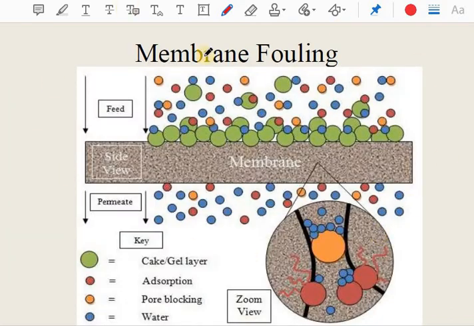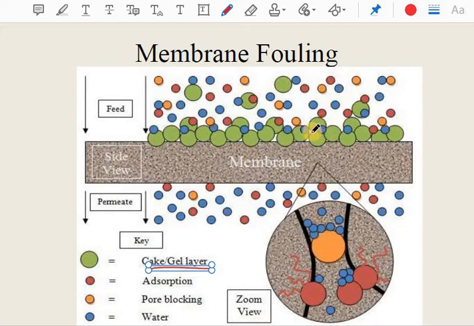This is a pictorial representation of membrane fouling. You can see here the particles settling and clogging. The green circles represent the cake gel layer which is formed over the membrane as a result of filtration, the red molecules represent adsorbed particles over the membrane, and the yellow particles represent pore blocking.